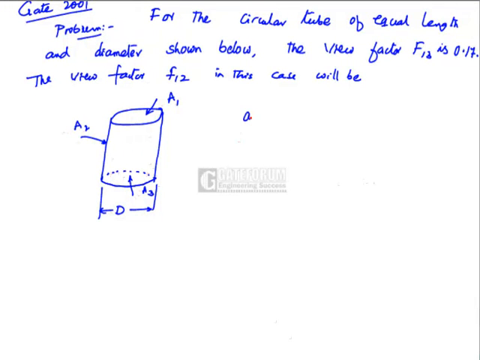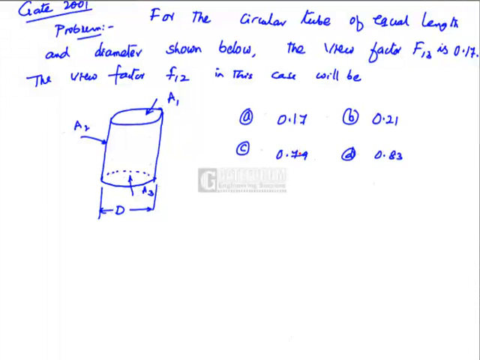The answers are A 0.17, B 0.21, C 0.79, D 0.83. What is the shape factor F12? Surface 2 is a concave, curved surface.